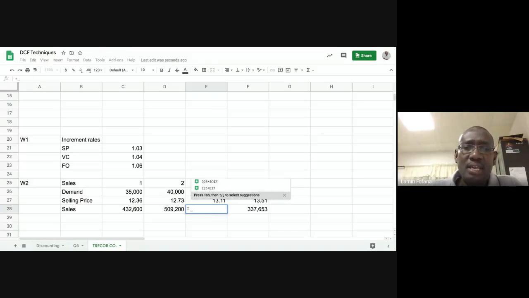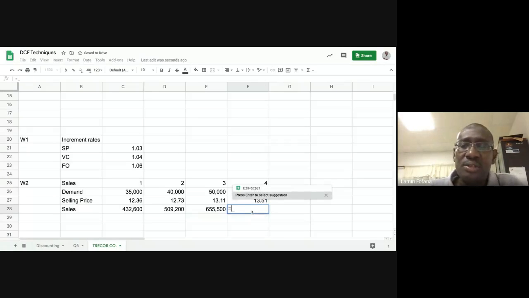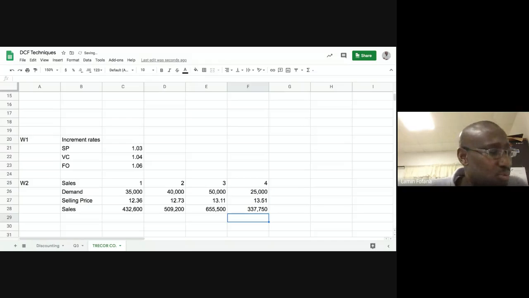Then I'll say equals 13.11 multiplied by 50,000, so that will give me nice rounded figures. Then equals 13.51 multiplied by this, so that will give you your 337,750.